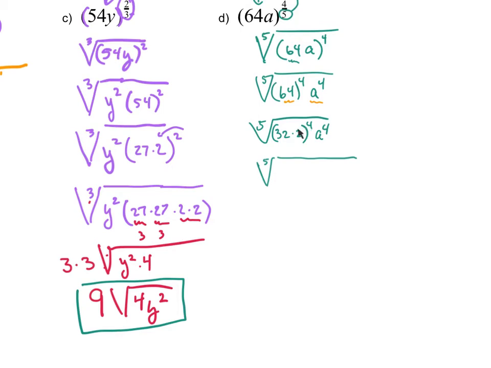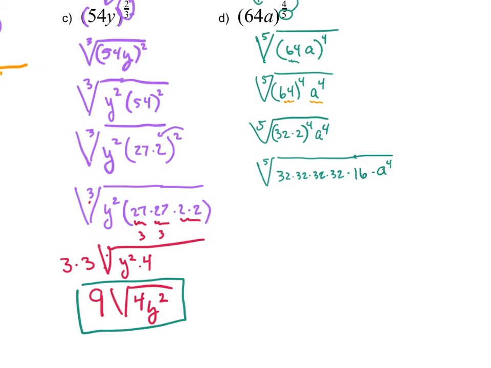I'm going to go ahead and distribute this out the 4 times that I'm going to be multiplying it times itself. So that is going to be 32 times 32 times 32 times 32. There's my 4. Times 2 to the 4th is going to be 16 times a to the 4th.